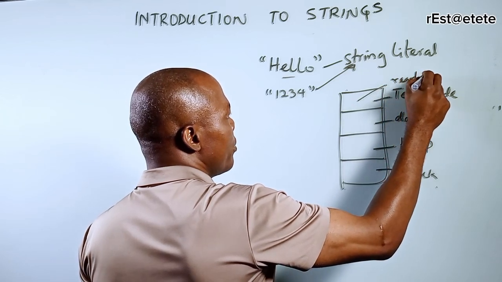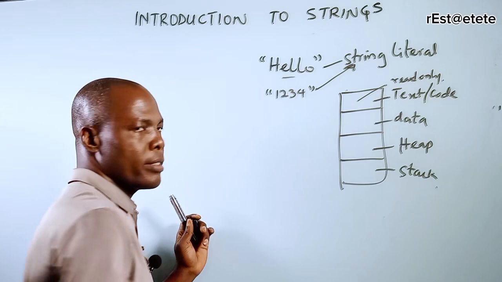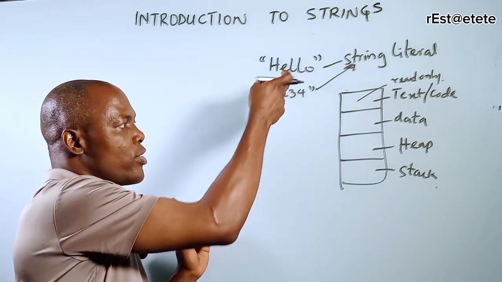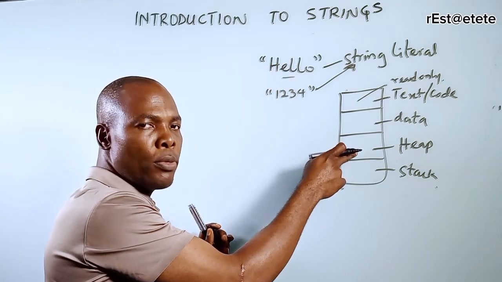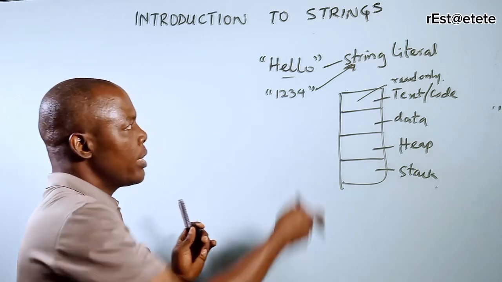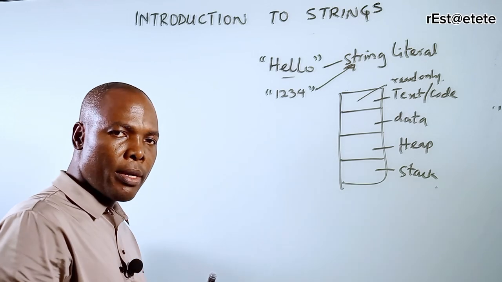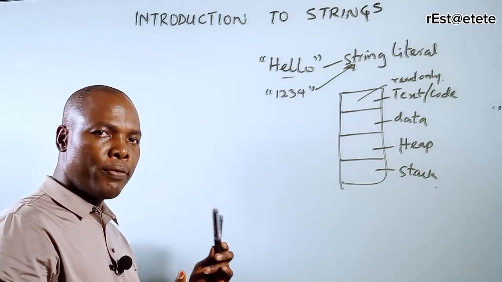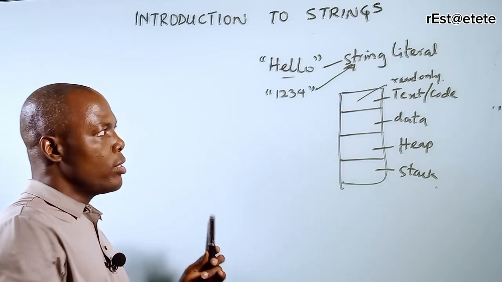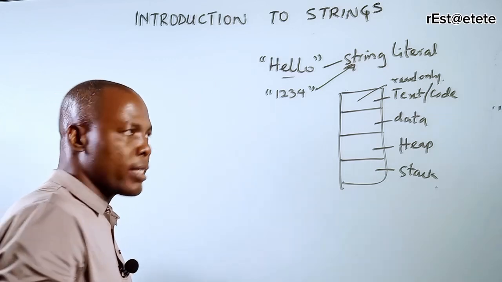Read-only, so you cannot modify it. So if you want to modify a string, you have to copy it to either the heap or the stack. Now, it is an array of characters, so a string is not a data type like integer, float, and char. So it's operating in the realm of character.